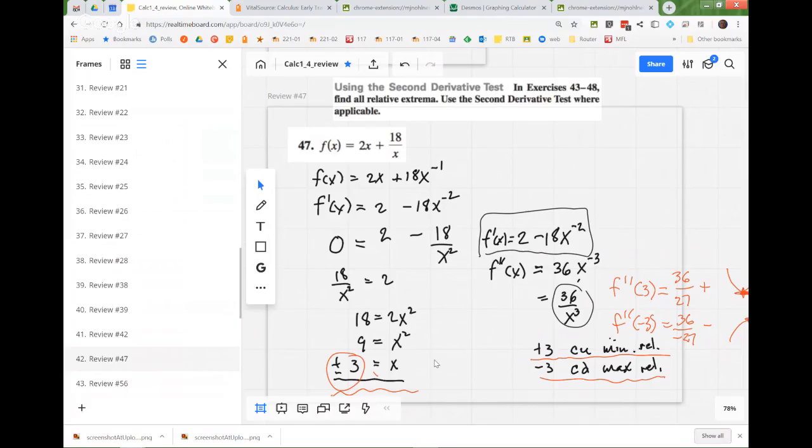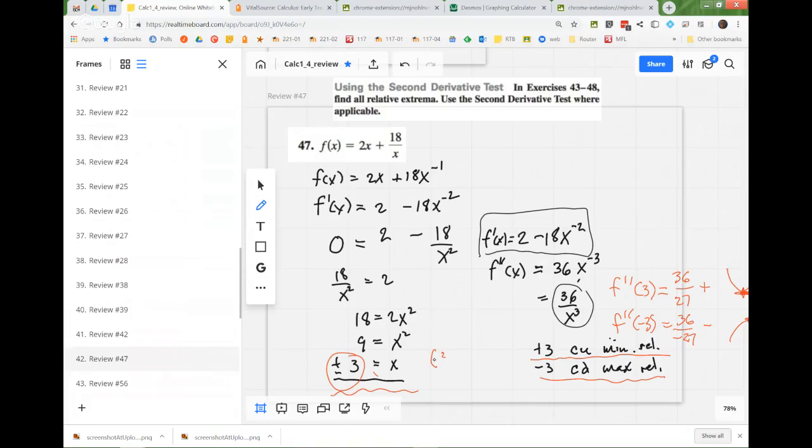Not really, but if you're looking to find the ordered pair, you just plug those critical points back into the original function, right? That is correct. If you wanted the ordered pair, you'd have to do that, so let's just do that.